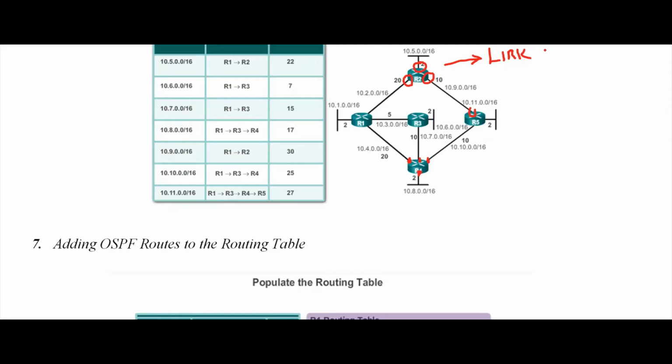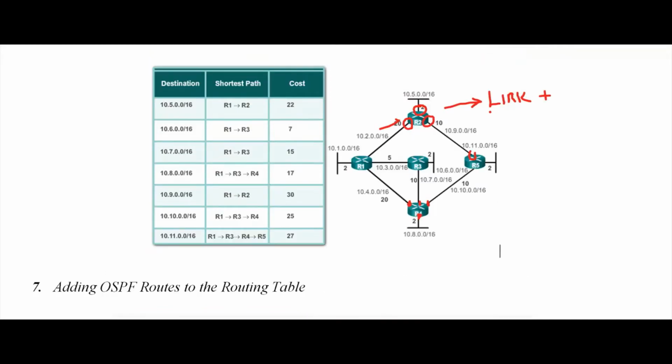Then link plus directly connected network. You can see 10.2.0.0 is directly connected, and 10.0.9 is directly connected, and 10.5.0.0 is directly connected. So every router is going to learn about the links plus the directly connected networks.